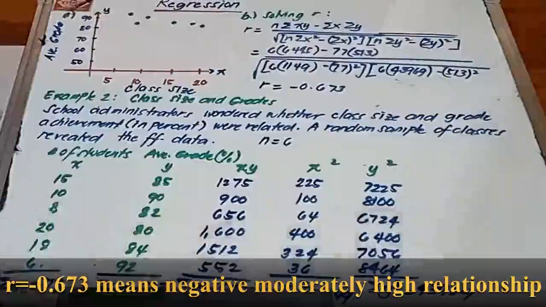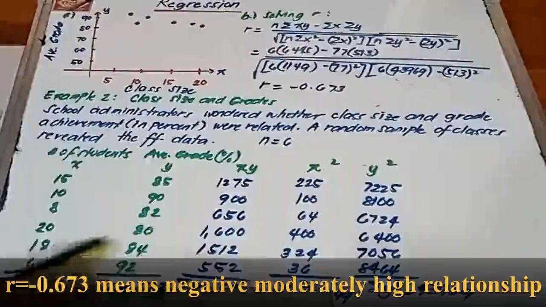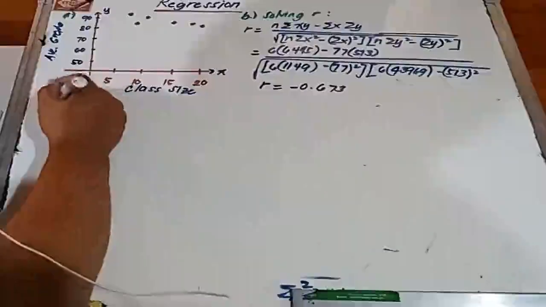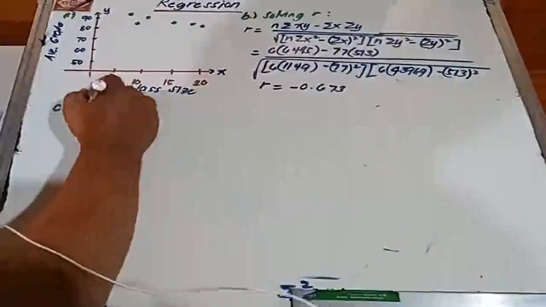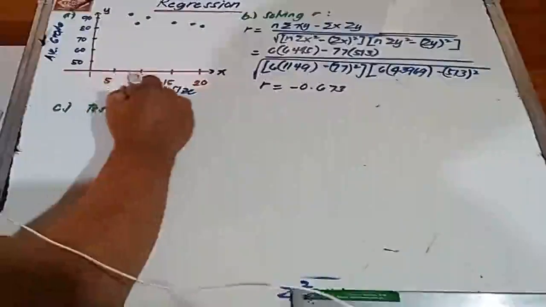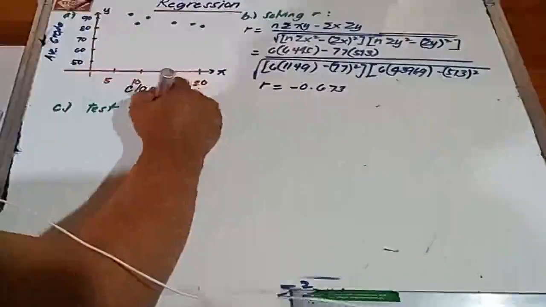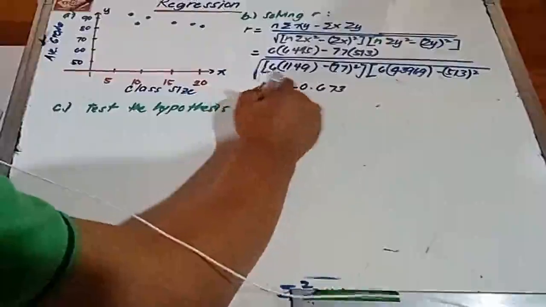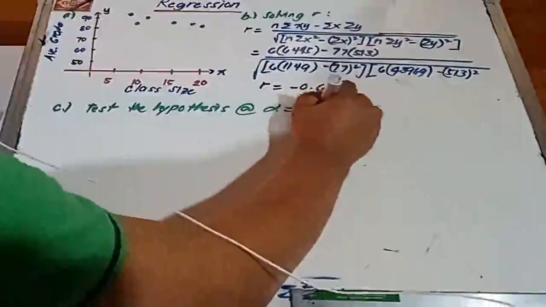Okay. Now, ang third step natin, itetest natin kung may significant relationship yung ating na-compute na correlation coefficient. Okay? Tanggalin ko muna ito. Next, this is letter C. That's the hypothesis test at alpha equal to 0.05.